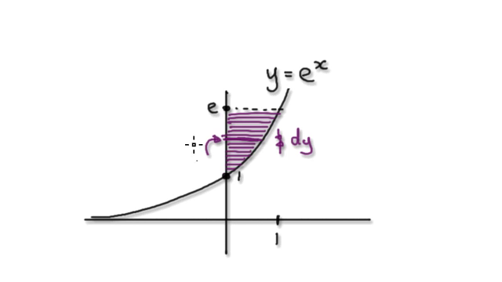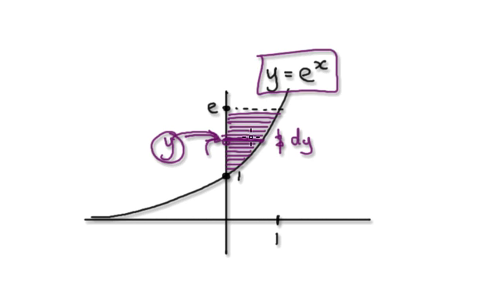So we need to know the radius of this disk. For any given value of y, we need to know the radius, so we're inputting the value y in order to work out the radius. If you want to work out this distance here, you have to take the natural log of both sides.